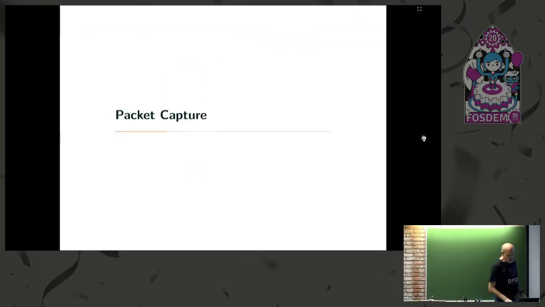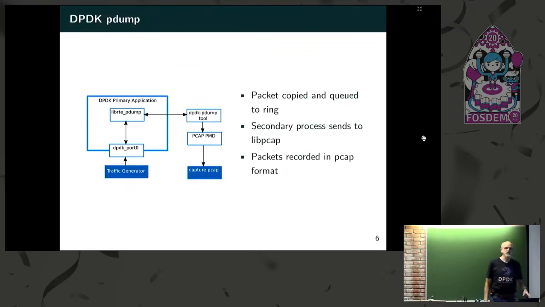On the packet capture side, in the early days of DPDK there was nothing. The first user survey feedback we got was, I need tcpdump. So Intel and a few others developed a packet dump for DPDK called pdump.